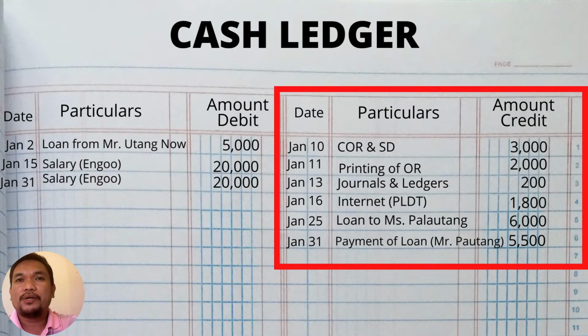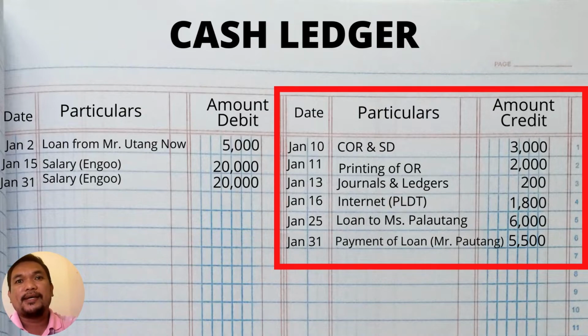On January 11, for the printing of OR, binayaran mo yon. So, ilagay mo din dyan. So, 2,000 for example. And on the 13th of January, you bought journals and ledgers. So, ilagay mo siya doon. 200 pesos for example. And then in January 16, nagbayad ka ng internet, PLDT, or other internet service provider, ilagay mo for 1,800.